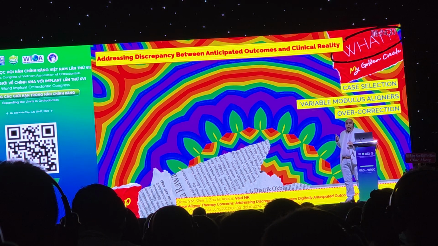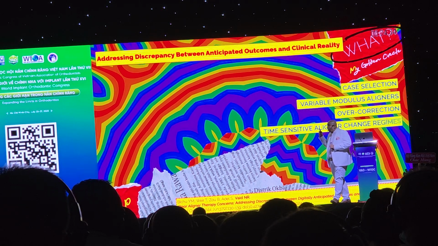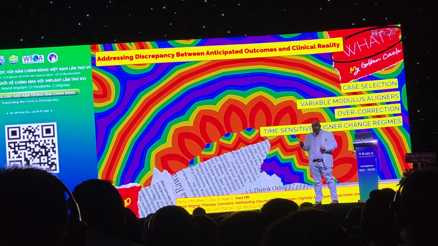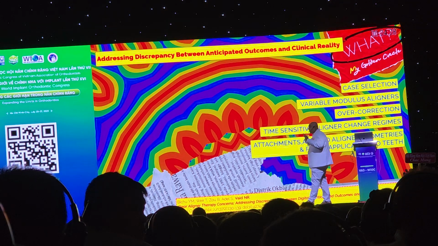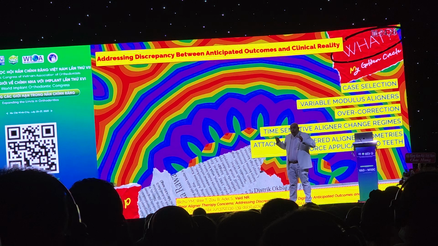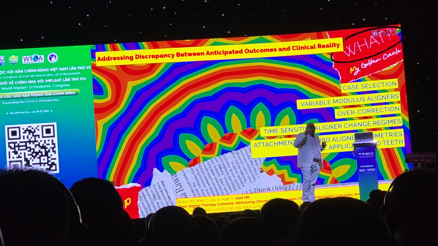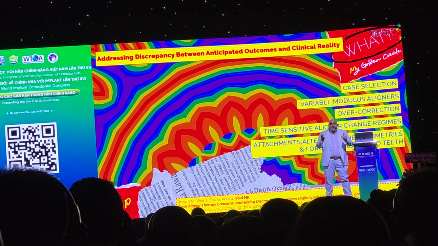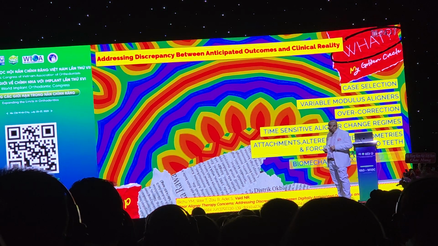What was the amount of overcorrection that was brought about? In terms of time-sensitive aligner change regimens, was there a protocol that was used? Did attachments, altered geometries, or force application on teeth have specific protocols that were incorporated and reported in the materials and methods section of that study?